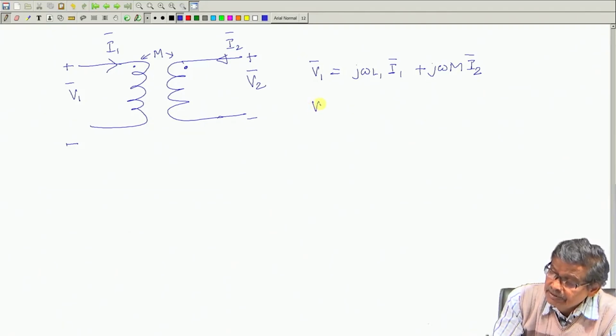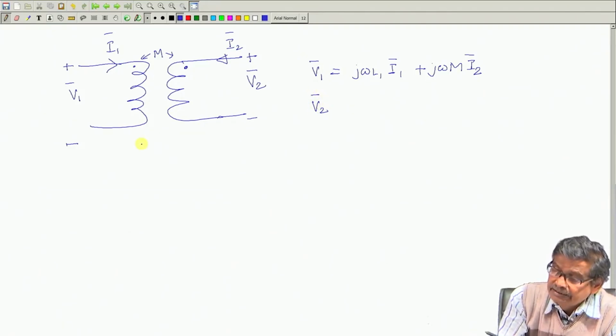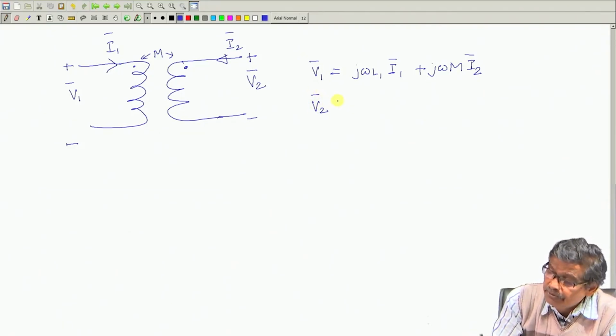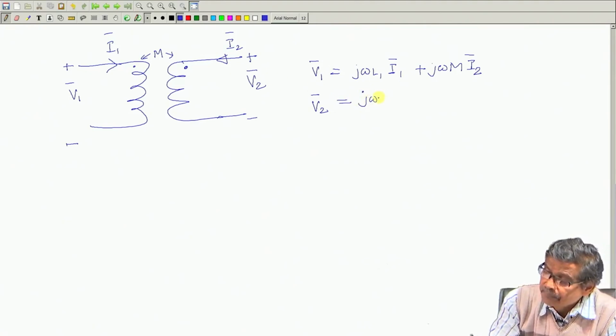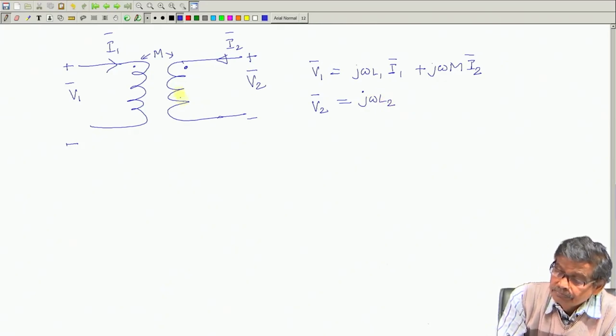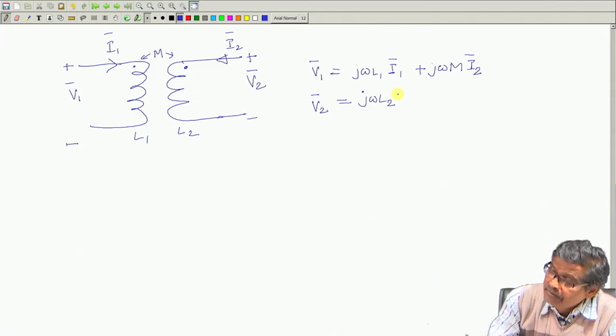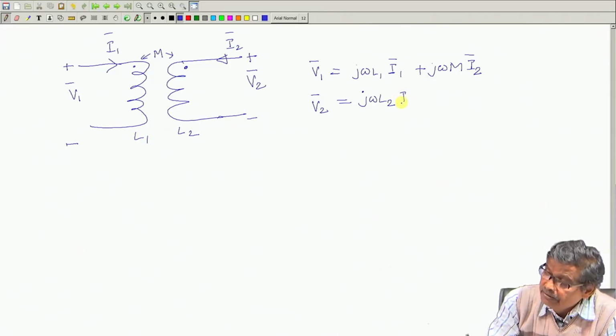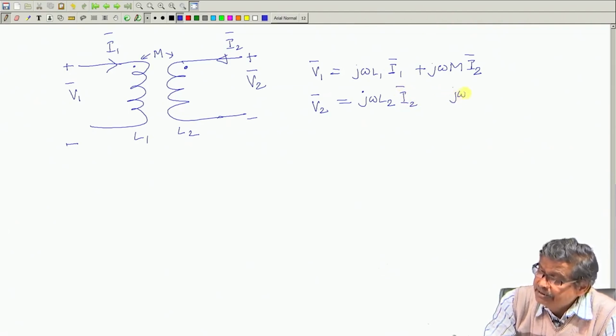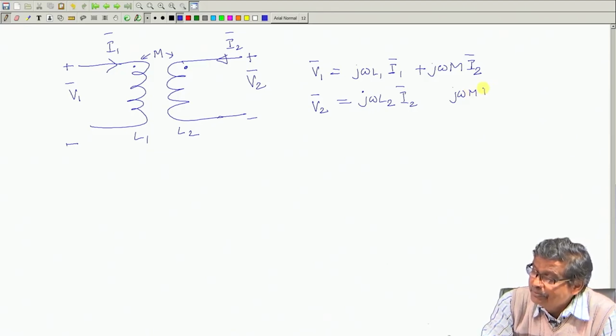Similarly, the KVL equation on the secondary side, this coil, will be V2 bar is equal to j omega L2. L2 and L1 are the self and mutual inductances: j omega L2 into I2 bar, and then j omega M into I1 bar.